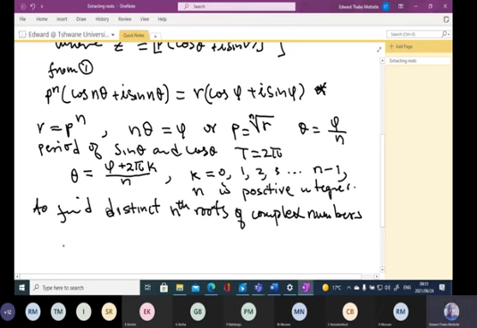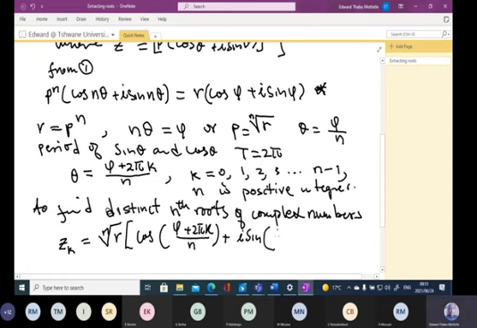Remember that the distinct complex number that we are looking for is, let's say, z k is equal to the nth root of r, open bracket, cos of phi plus 2 pi k over n, plus i sine of phi plus 2 pi k over n.